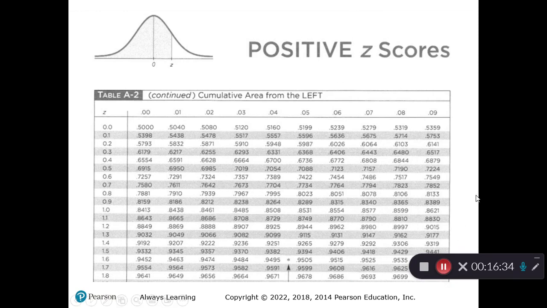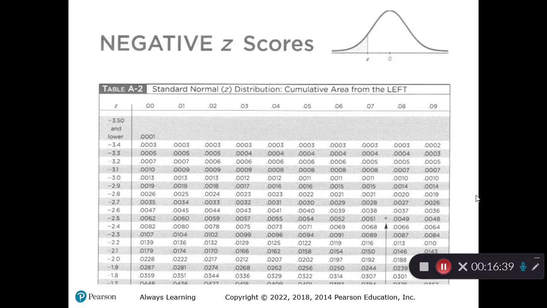I skipped too far to the positive z-score table. Let's see if I can go back to the negative z-score table. So this first column takes you out to the first decimal place, the tenths place, and then you scroll across the top and find the correct hundredths place, and where the row meets the column, that point of intersection would give you a four place decimal, and these numbers in the body of the table correspond to areas.